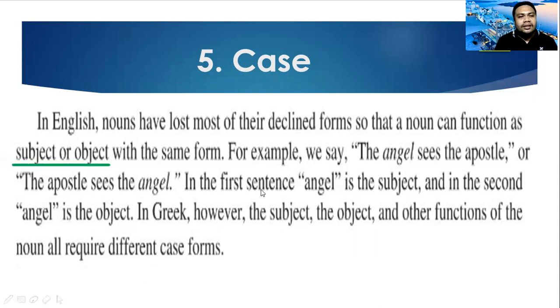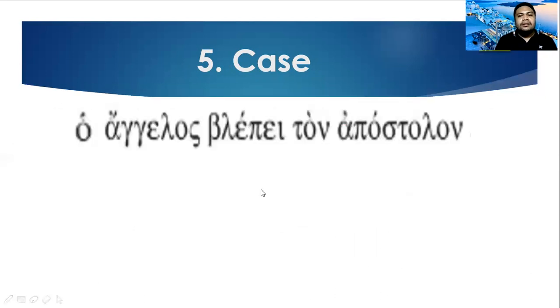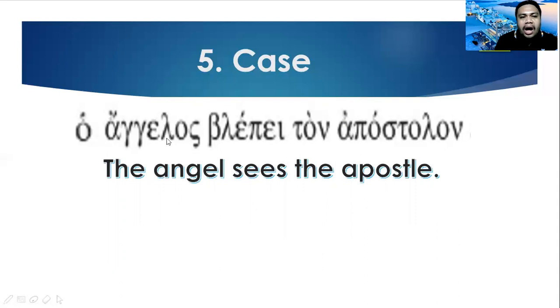So let's take a look at this example. The first sentence is Ho angelos blepei ton apostolon. So Ho angelos means the angel, that is singular. And then blepei is third person, singular, sees.